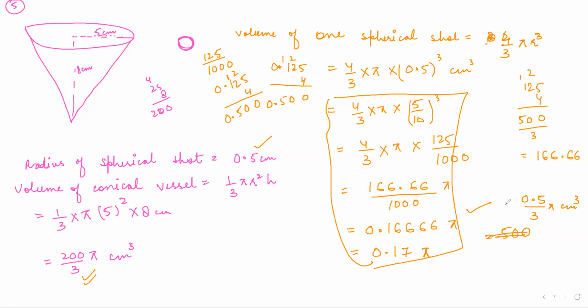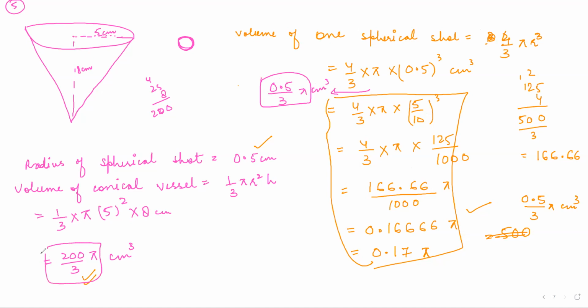So you can leave the answer like this also. Is this clear, Hamna? Okay, after this step, I am not solving it. I want to leave it in this form, 0.5 divided by 3 into pi centimeter cube. So that both of them look similar, 1 by 3, 1 by 3. Ultimately, I have to subtract.